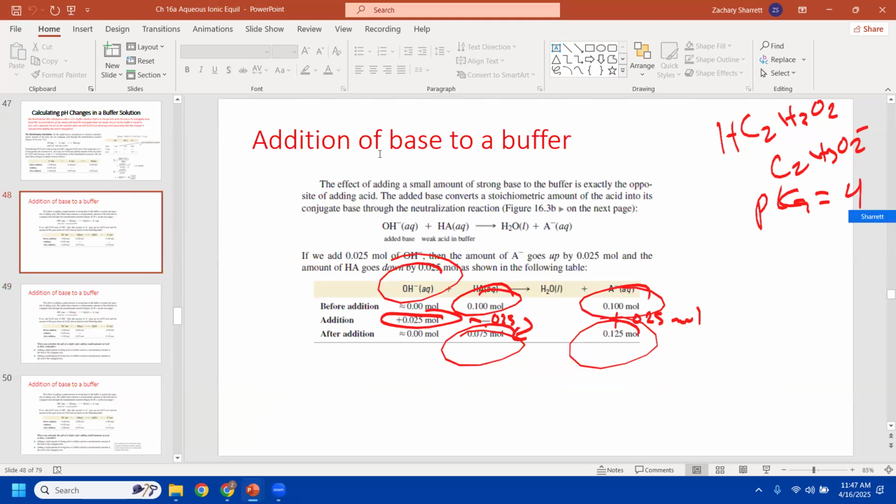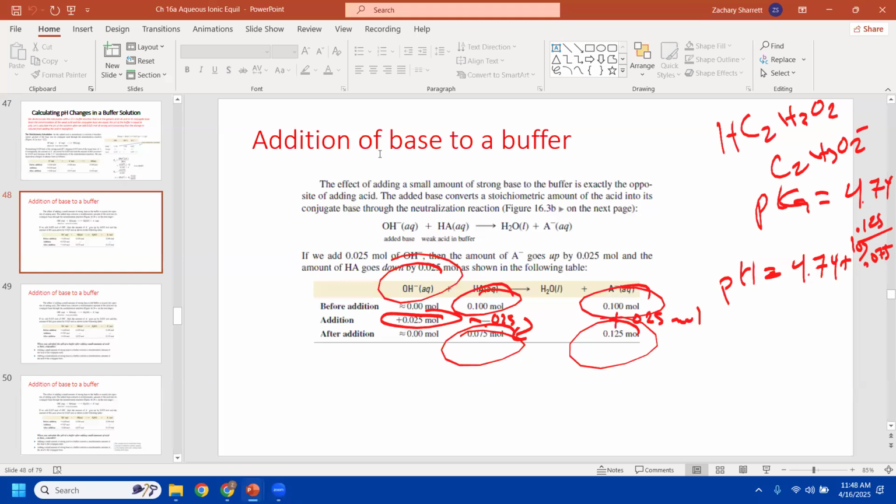So the pKa is 4.74. If we want to find the pH of this solution after addition, it would be pH equals 4.74 plus the log of what goes on the top? In this case, 0.125 over 0.075.